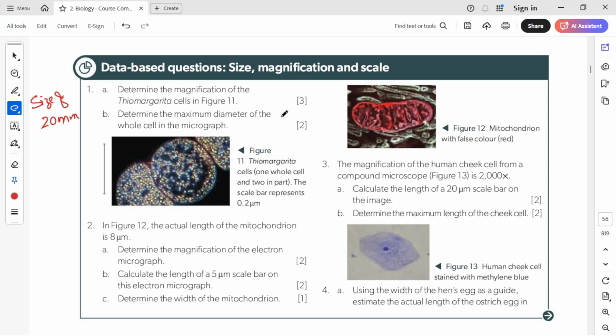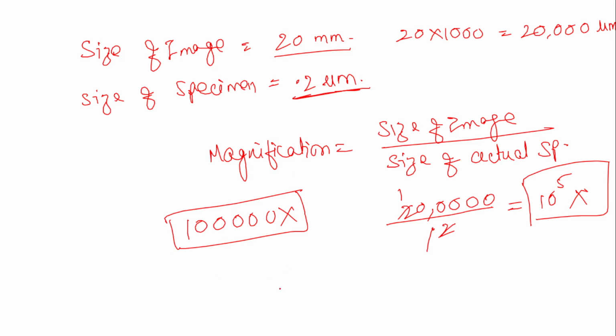Determine the maximum diameter of the whole cell in the micrograph. If we want to find the diameter of the whole specimen, we have to measure the diameter in the image again, which comes out to approximately 26 mm for me.